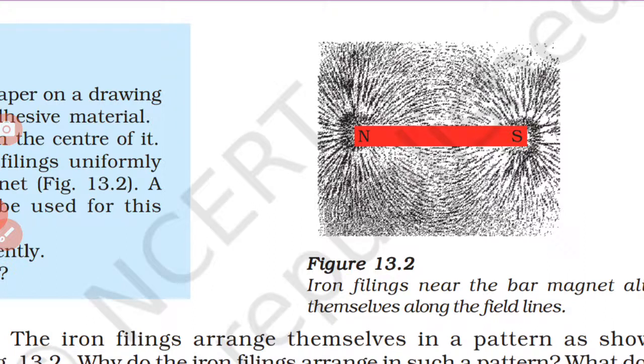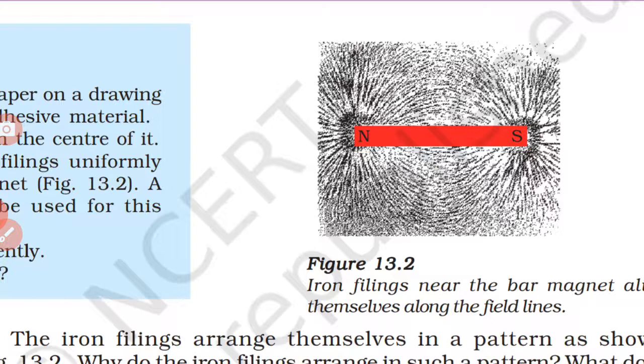The first characteristic of magnetic field lines is that they start from the north pole and go to the south pole, and they form closed loops. Second, the region in which the field lines are at close distance to each other has a strong magnetic field. It means near the poles of a magnet, the field lines are close to each other, so there is a strong magnetic field.